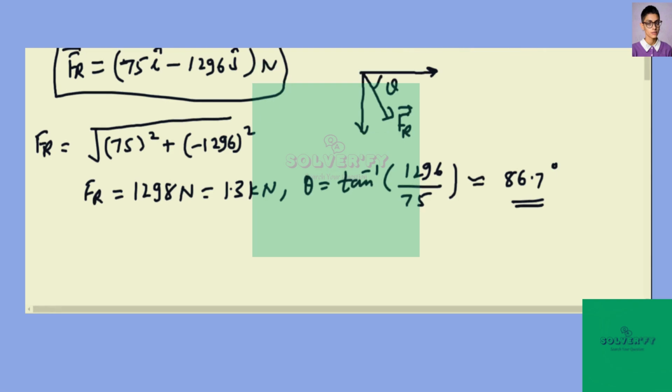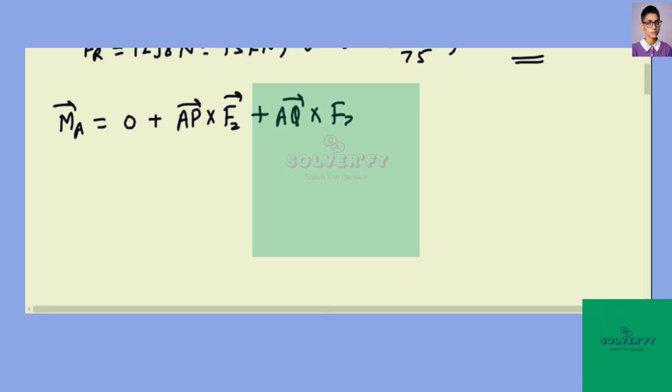Now we have to find the moment of force about the point A. F1 force is acting at point A itself, so its moment of force will be 0. For F2, its position vector is AP cross F2, plus AQ cross F3, and it already has a moment of 1500 Newton meter in the anti-clockwise direction.